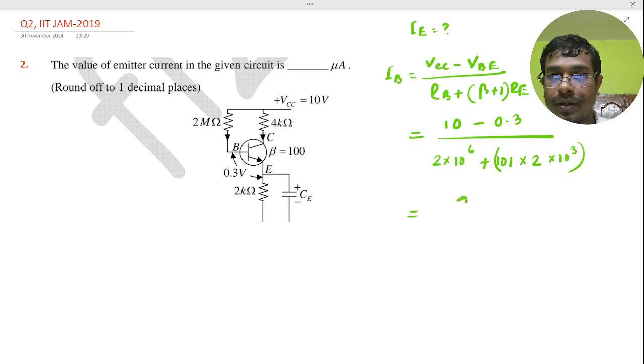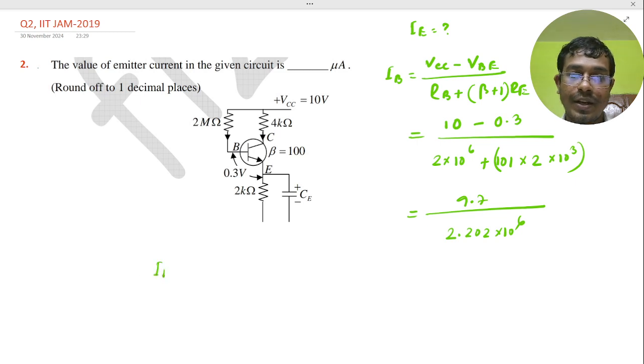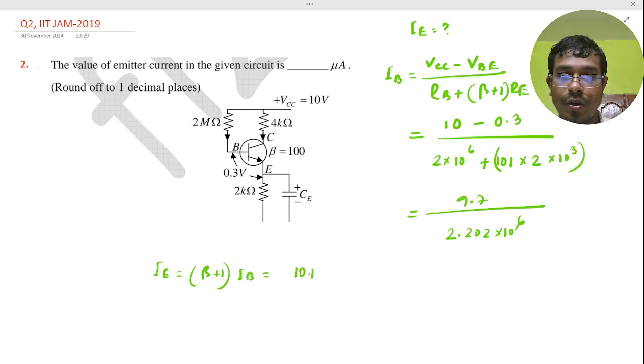So it becomes 9.7 divided by 2.202 into 10 to the power 6, and we have to find the emitter current, which is beta plus 1 into IB. This is our formula.